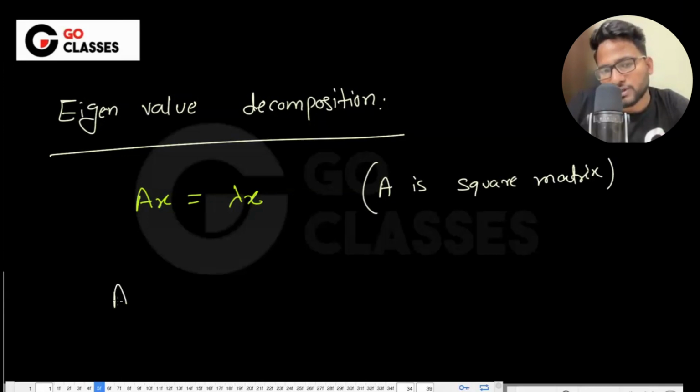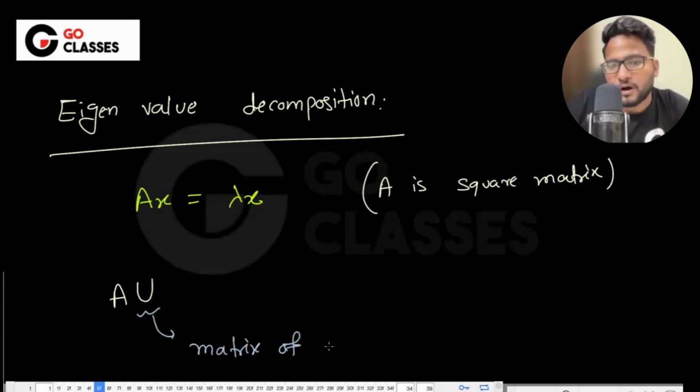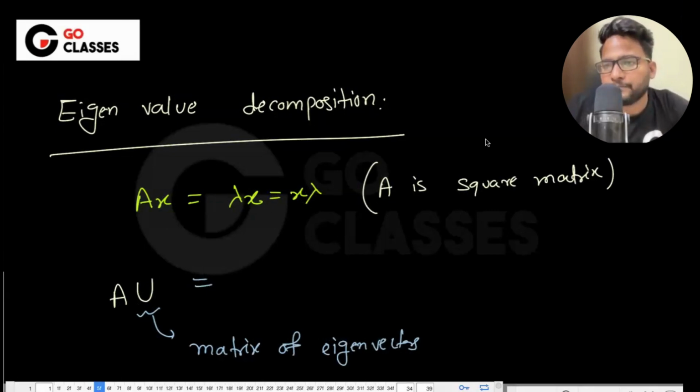Now we can also say A, let's suppose, into U, where U is a matrix of eigenvectors, equal to, or you can write it X lambda if you want to, equal to X lambda. This is equal to, can anyone tell me? This is equal to, yes, great. So Aditya is saying U lambda, yes, U and capital lambda, right?